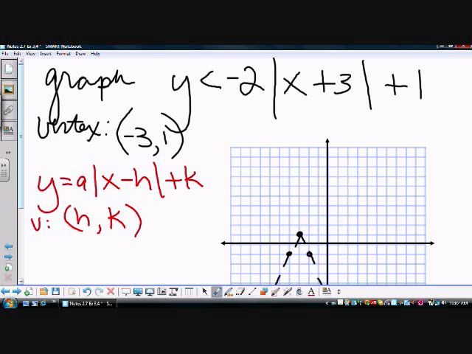So in this case, how do I get negative 3 for my h? Well, my form is x minus h. So what am I subtracting when I say x plus 3? I'm subtracting negative 3. So my h is negative 3.